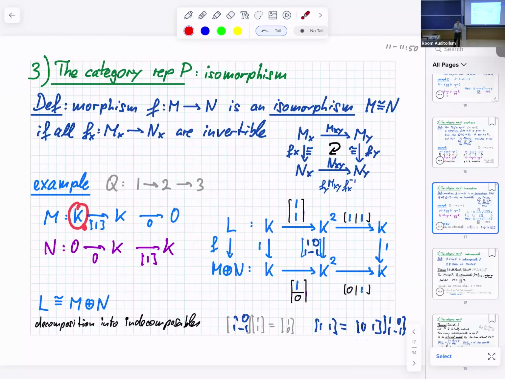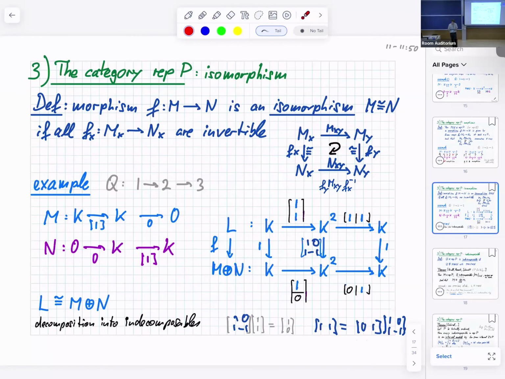I mean, the vector space K, you cannot decompose any further. Yeah, there's not a half-dimensional vector space. So these are both indecomposables. So this is the unique factorization of L into a sum of indecomposables. There's no other way you could obtain L from summing up some different indecomposable modules. That's the main point of the theorem.